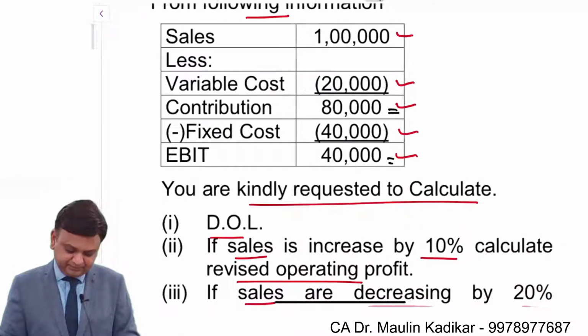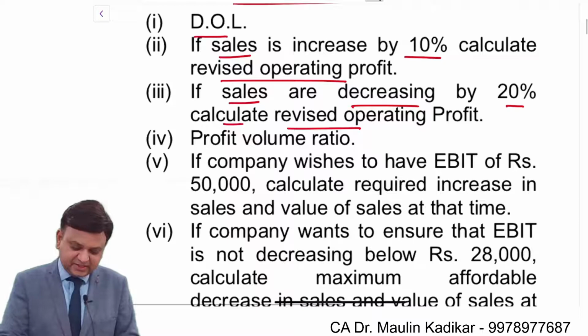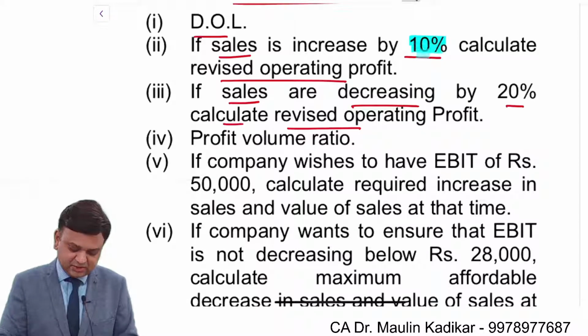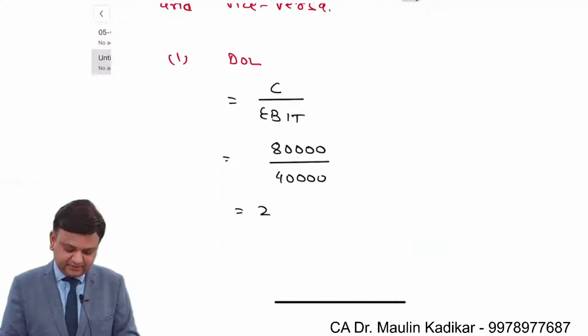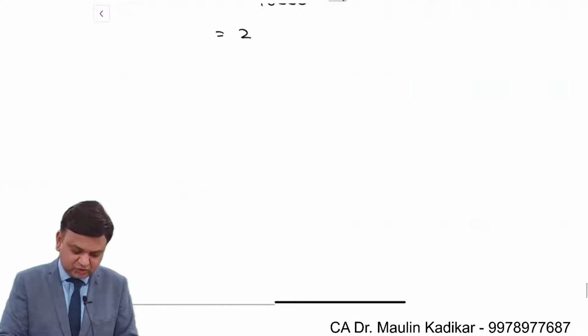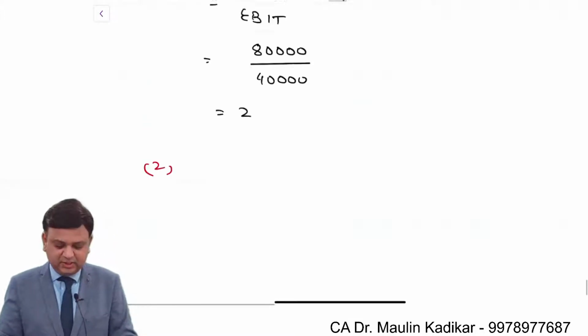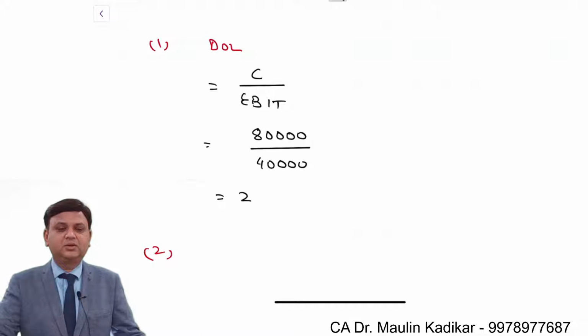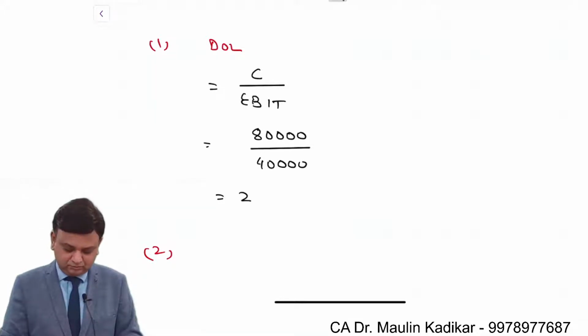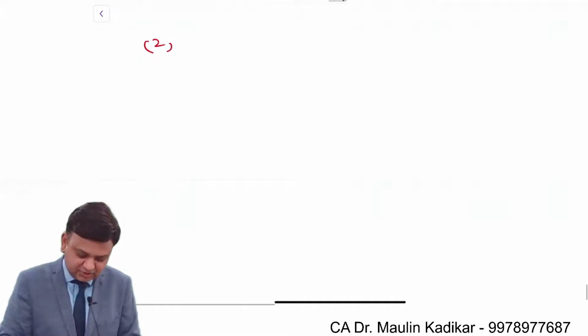Second question. If the sales increases by 10%, calculate the revised EBIT. Try to do the answer on your own, then I will do the working for you. Write an answer of the second question.